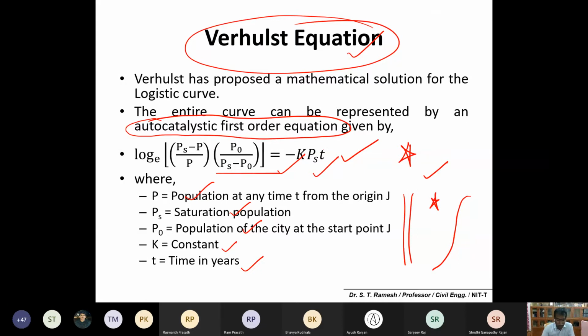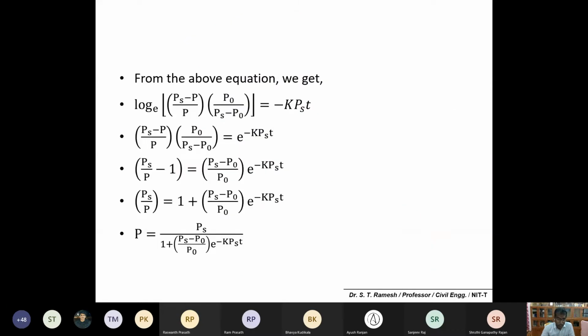What is the importance of saturation population in the numerical solutions? Please remember this mathematical relation, the logistic curve mathematically proposed by the Verhulst equation. This equation I have to solve.